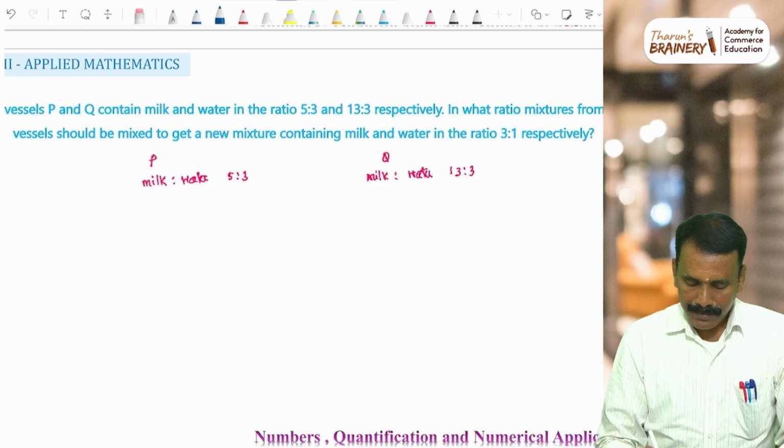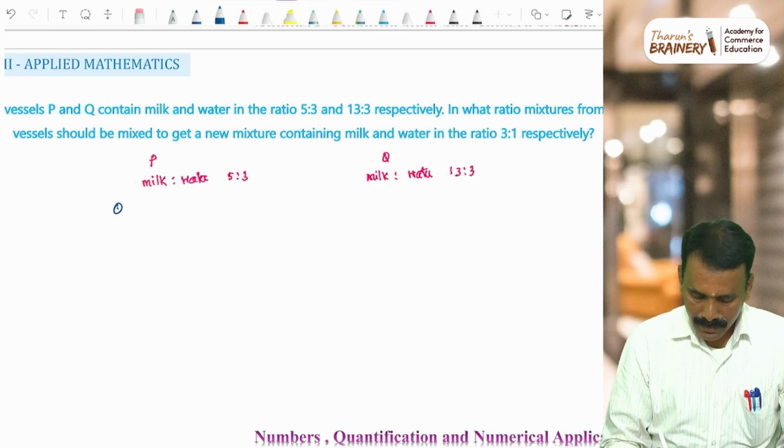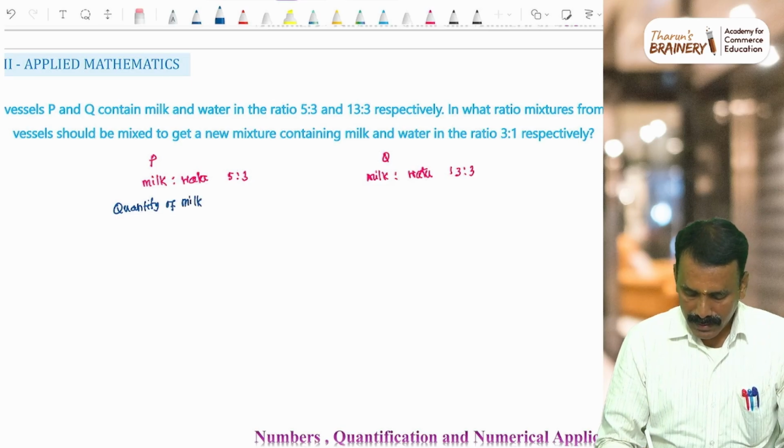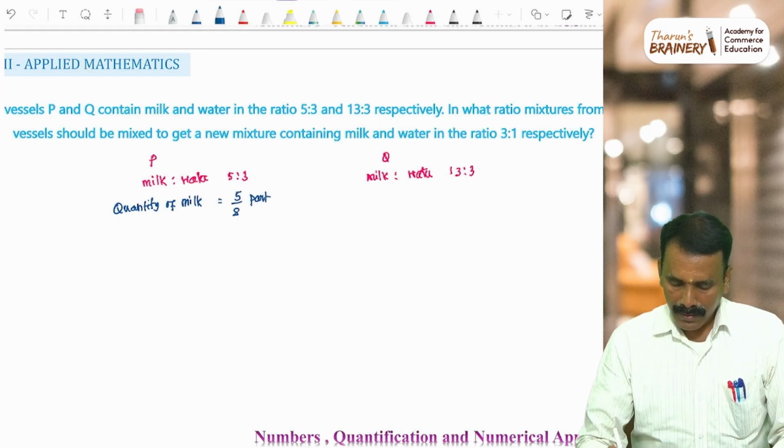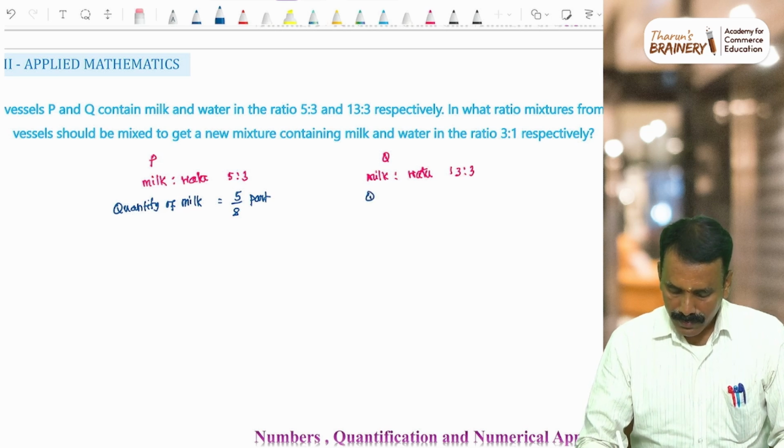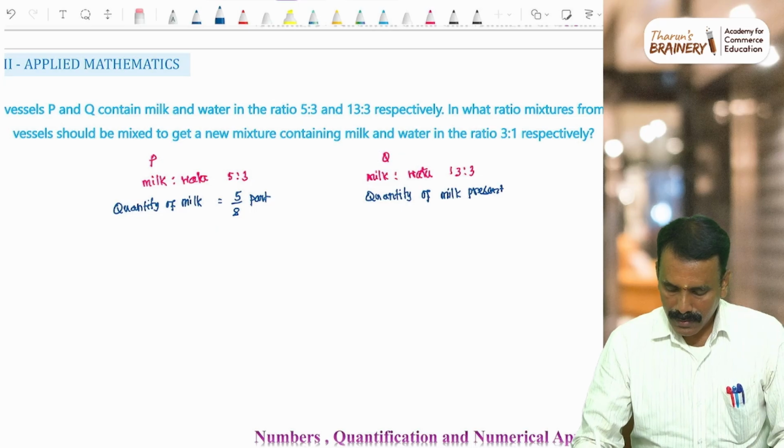So in vessel P, quantity of milk present is 5/8 part. In Q, quantity of milk present is 13/16 part.